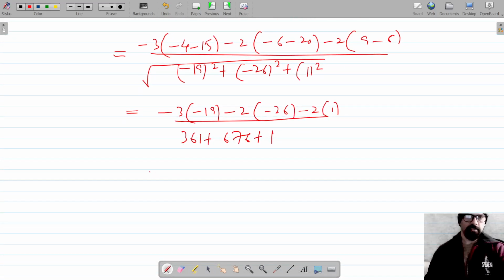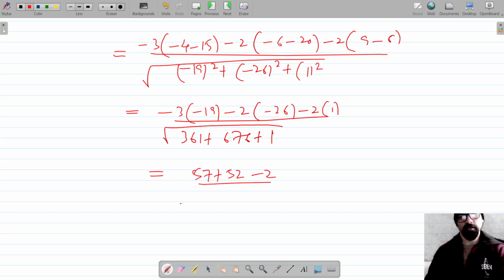Now 19 into 3 is 57 plus 52 minus 2. This is under root, and if I add them, it comes to 1038.